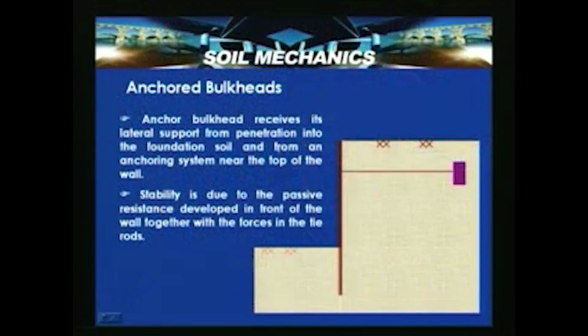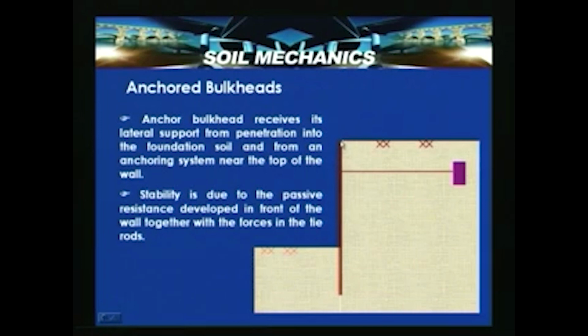An anchored bulkhead receives its lateral support from penetration into the foundation soil and from an anchoring system near the top of the wall. Sometimes these are called anchored sheet pile walls, and sometimes the anchors can be at 45 degrees, called ground anchors. Stability is due to the passive resistance developed in front of the wall together with the forces in the tie rod.